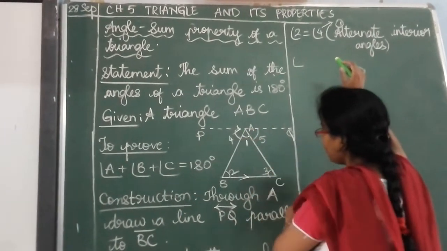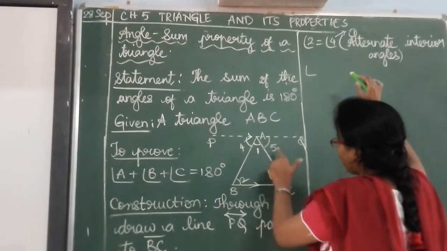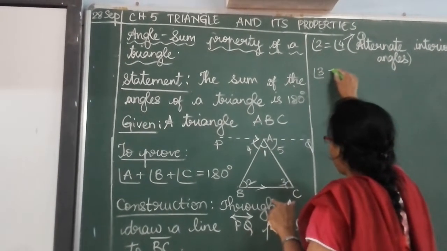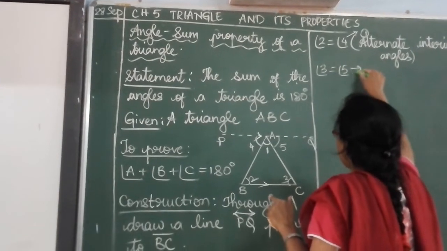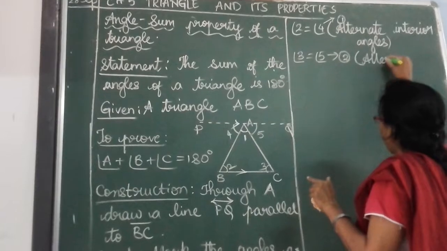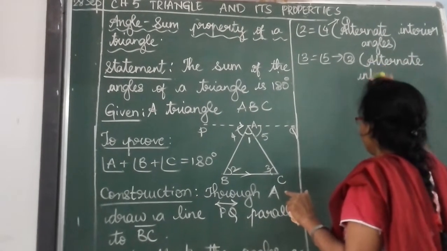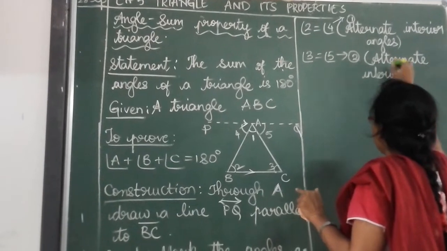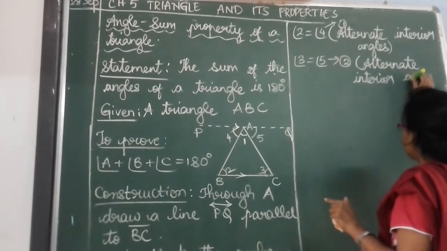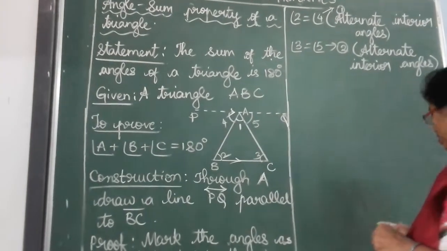Now let us see this part. When we take AC as a transversal for these two parallel lines, we see that angle 3 is equal to angle 5, which is equation 2. How do you know this? Because of alternate interior angles. Alternate interior angles are equal, so you know that both of them are equal to each other.